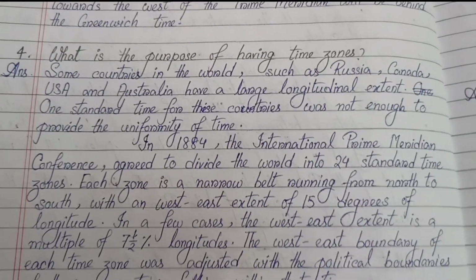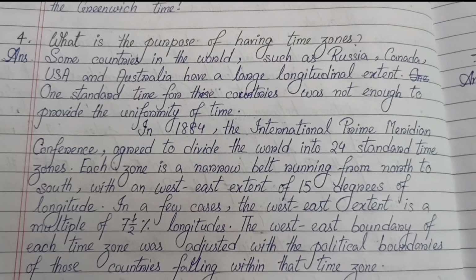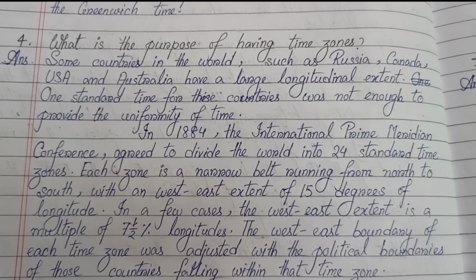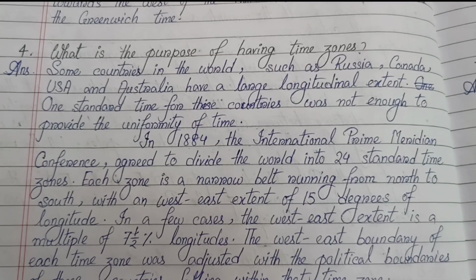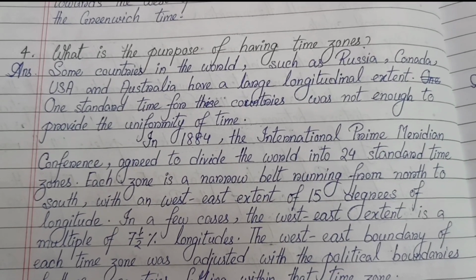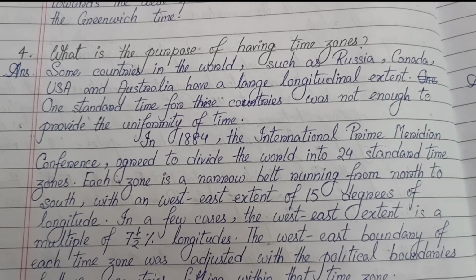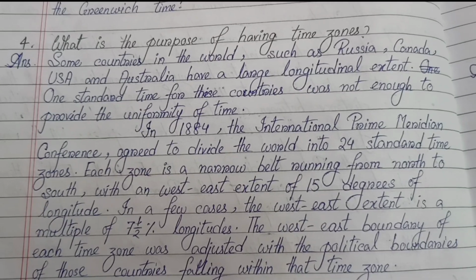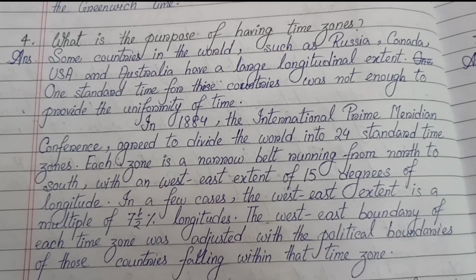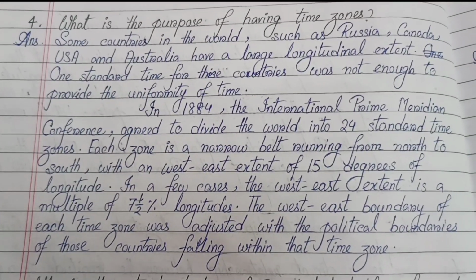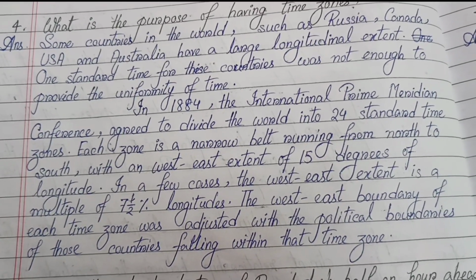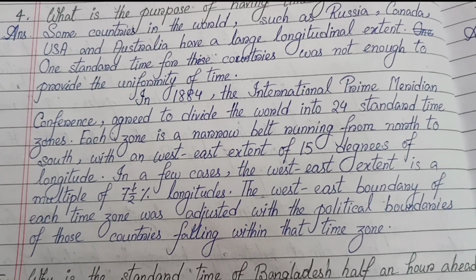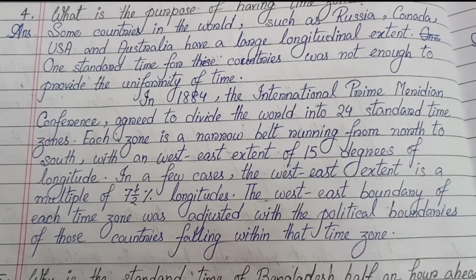Number 4. What is the purpose of having time zones? Some countries in the world, such as Russia, Canada, USA and Australia, have a large longitudinal extent. One standard time for these countries was not enough to provide the uniformity of time. In 1884, the International Prime Meridian Conference agreed to divide the world into 24 standard time zones.